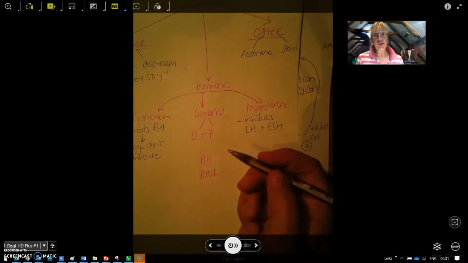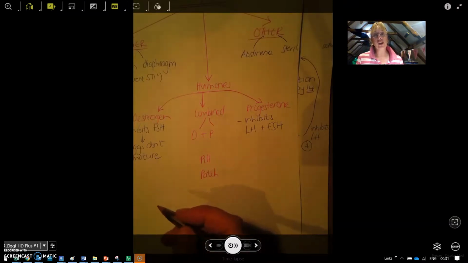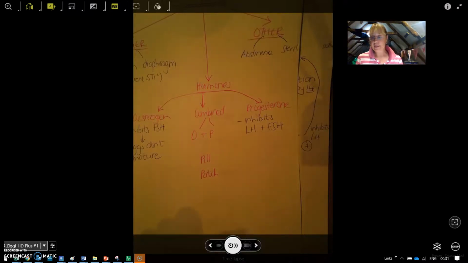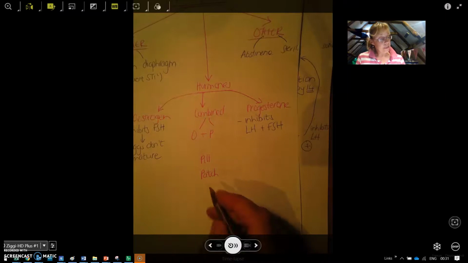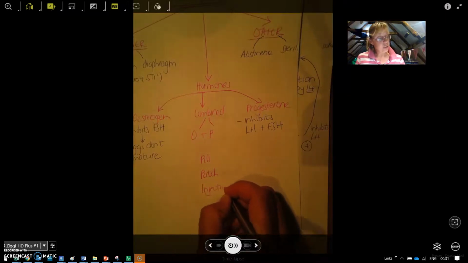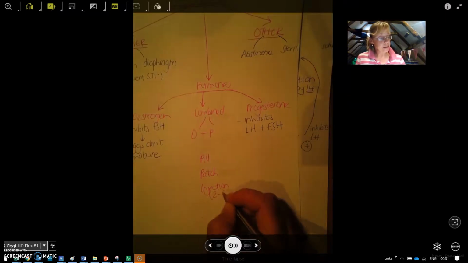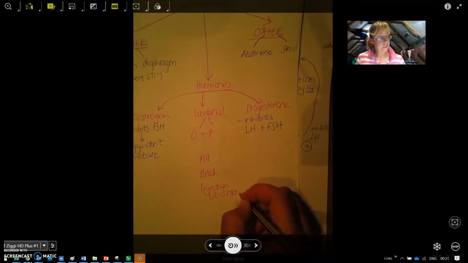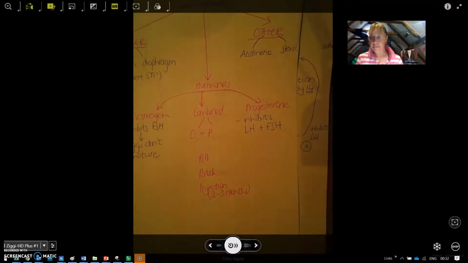So it's a continuous release, and the advantage of that is you don't need to remind yourself to take a pill every day. You can also get it in the form of an injection, which lasts 2 to 3 months. Again, if you're likely to forget and don't mind an injection, that is a good option.